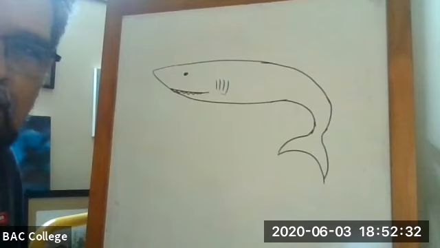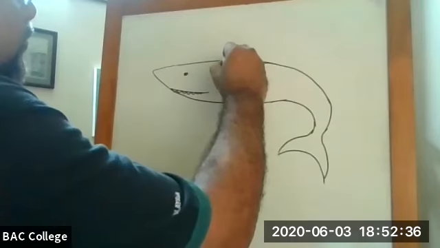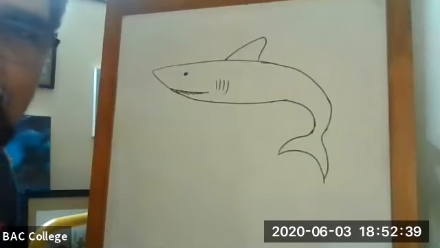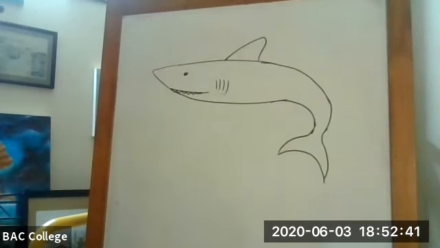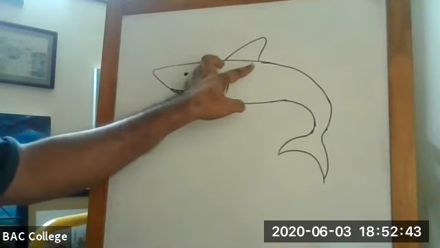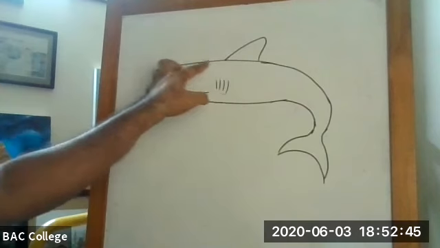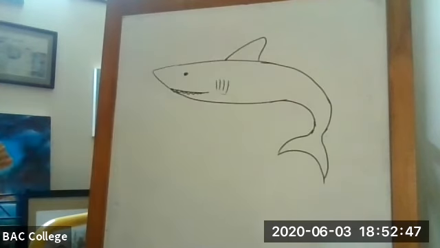The fins. The fins. Yes, thank you. Okay, so let's get the fins of the shark. It must be somewhere in the middle of the fish. Okay, somewhere in the middle.